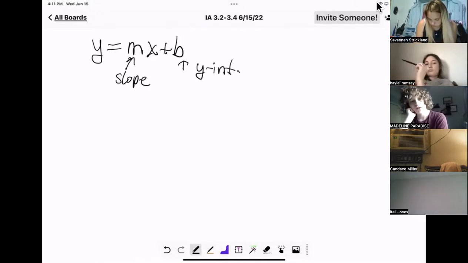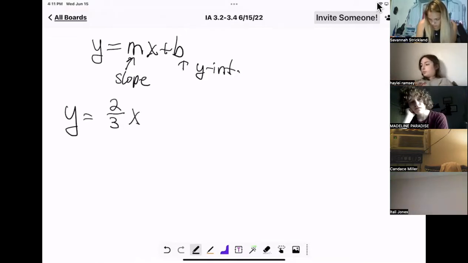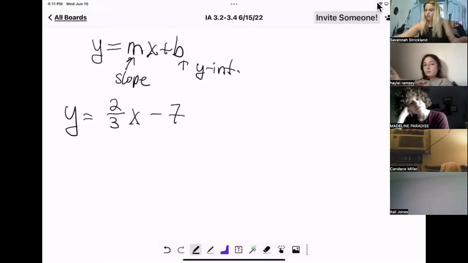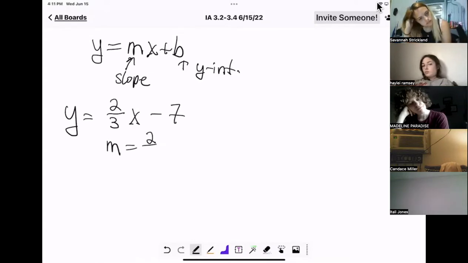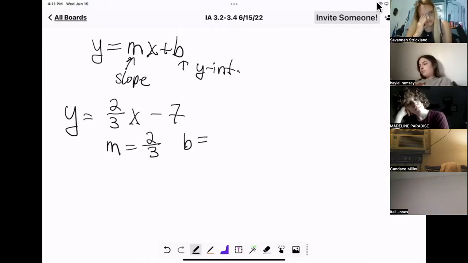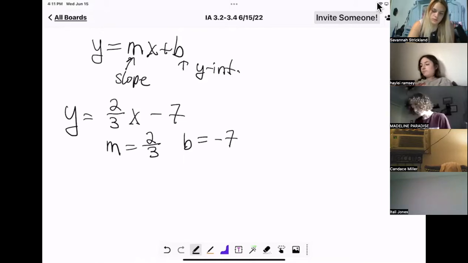If I give you an equation like y equals 2/3 x minus 7, I can tell you that the slope is equal to 2/3, and that my b, my y-intercept, is equal to, make sure you take the sign in the front, -7. Whenever we have an equation in y equals mx plus b form, I can 100%, and you can too, tell me what the slope and the y-intercept are.